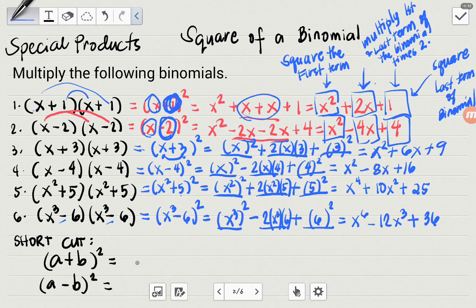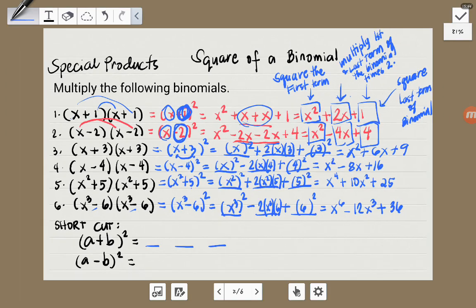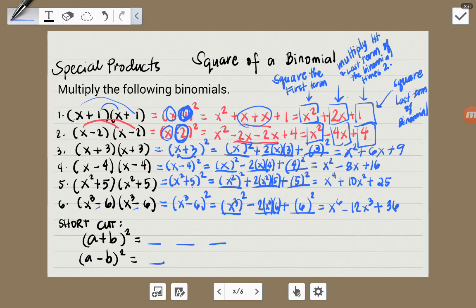So again, alam natin na kapag nag-square ng binomial, may tatlong term tayo na sagot. Para makuha si first term, i-square mo lang yung first term dito ng binomial. And then yung pattern natin ng plus and minus. Pag plus to, plus, plus. Pag minus to, minus, plus.